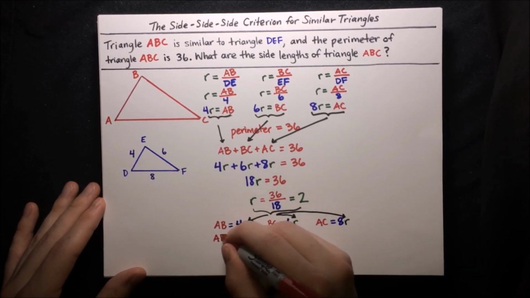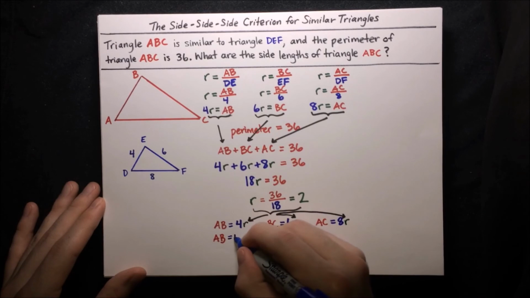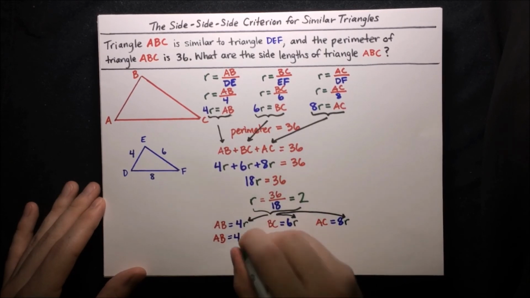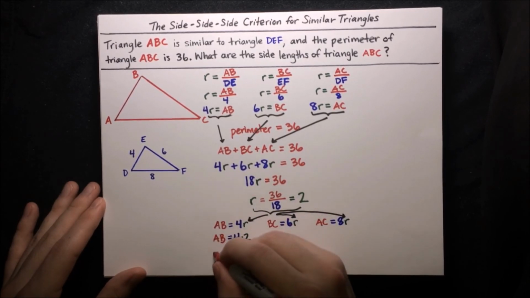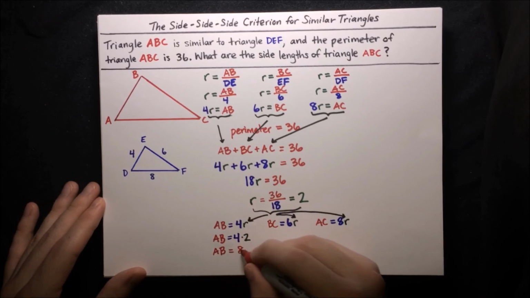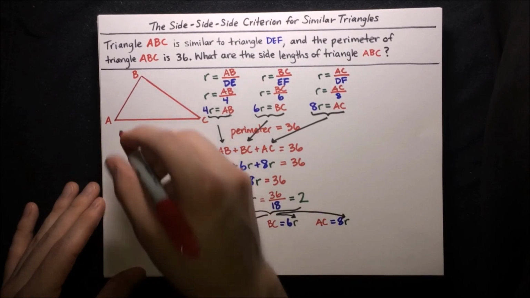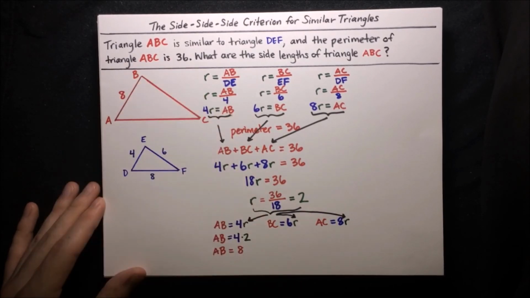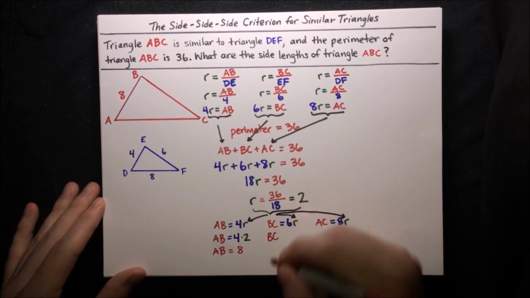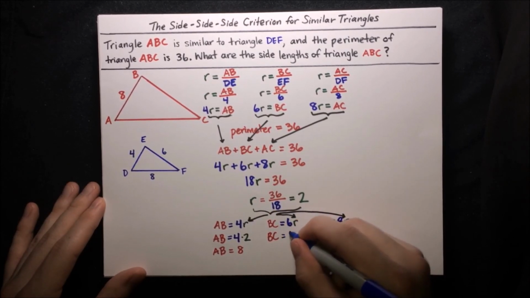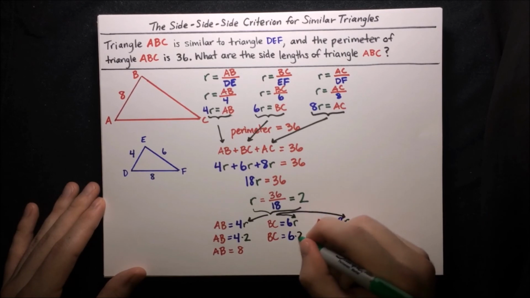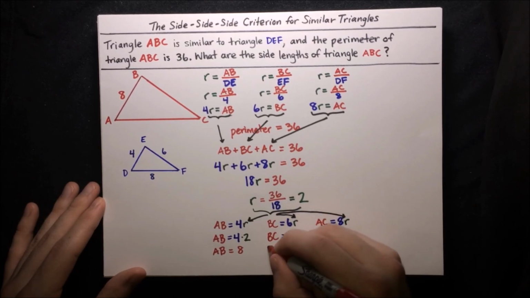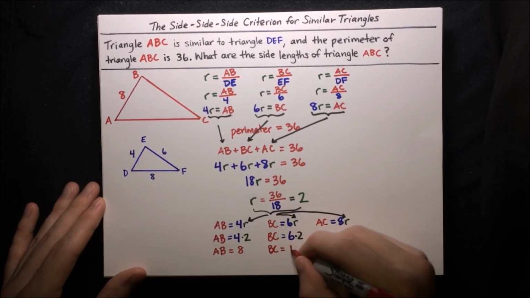So AB is equal to 4r, which is just 4 times 2. So AB is equal to 8. Let's write that in the triangle. AB is equal to 8. And then BC is equal to 6r, so 6 times 2, which means BC is equal to 12.